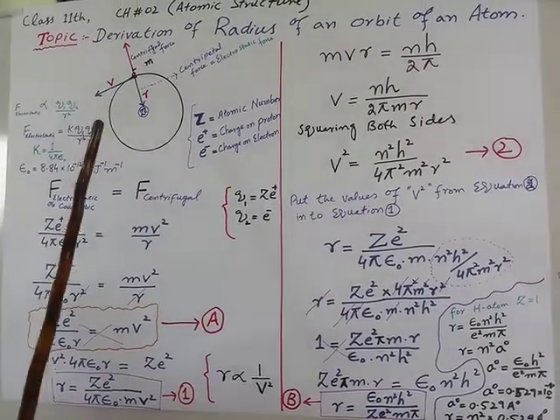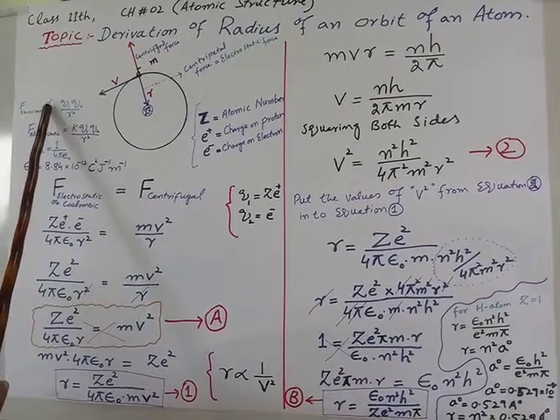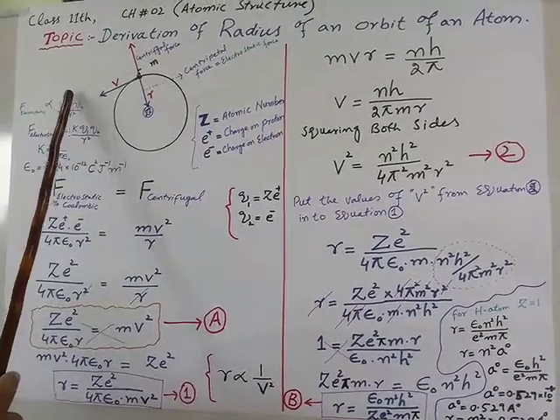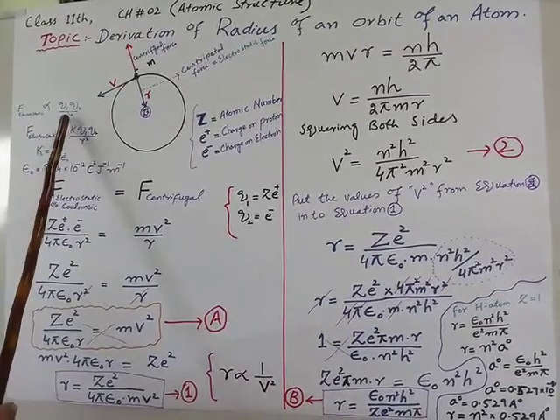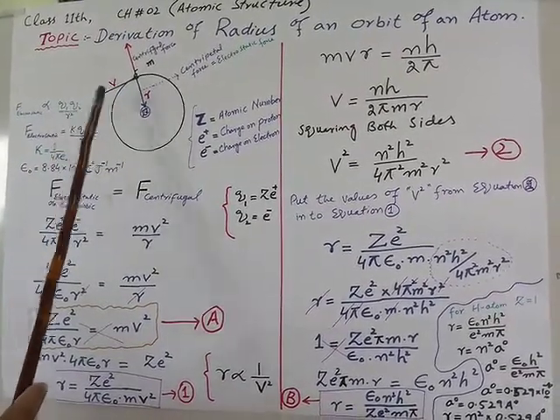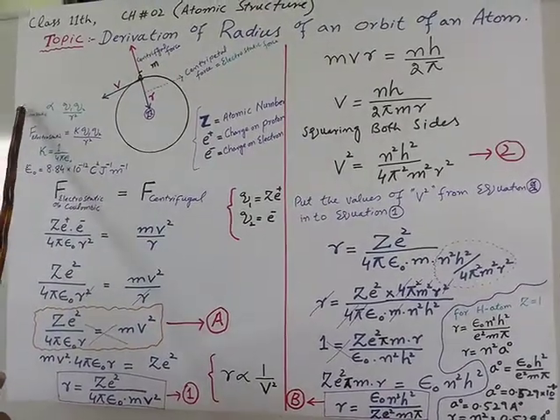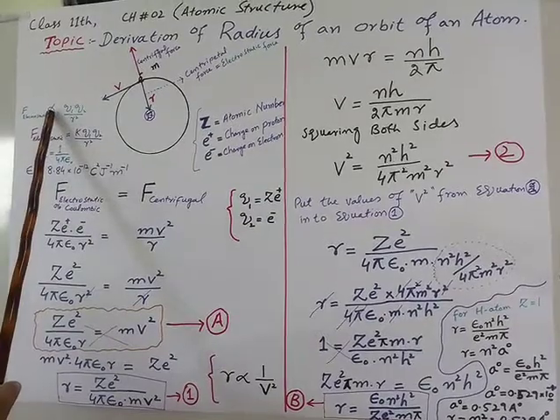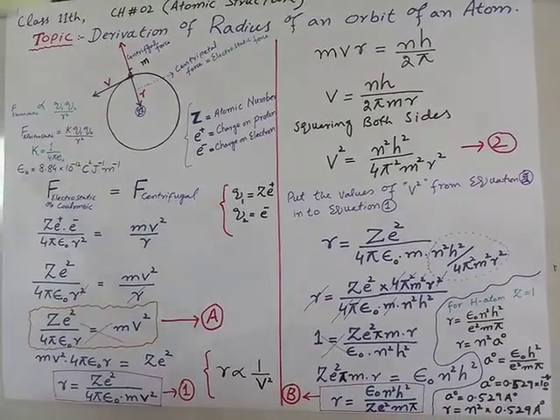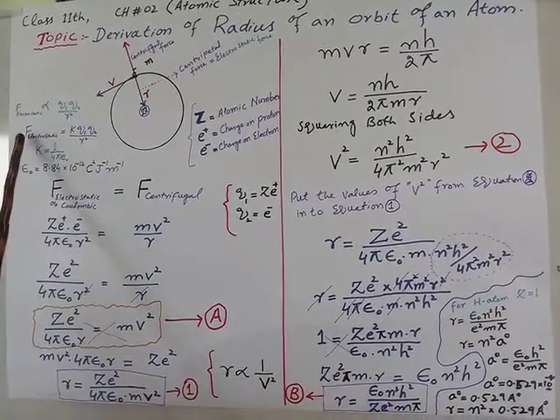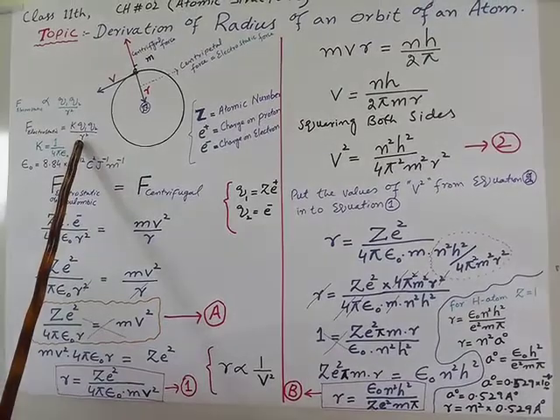According to Coulomb's law, the electrostatic force of attraction is directly proportional to the product of the charges and inversely proportional to the square of the distance between them. If we remove the proportionality sign, we have to put a constant k. So the equation becomes F electrostatic equals k Q1 Q2 divided by r square.